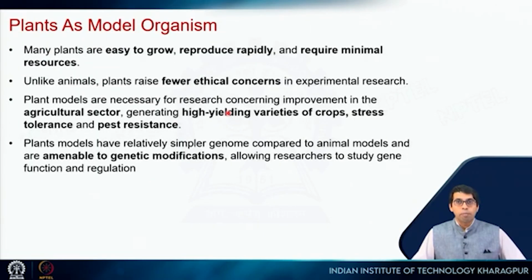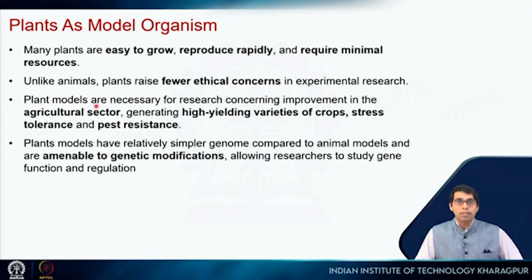Now, mice is one of the model organisms in animals, but there are also model organisms for plants. Many plants are easy to grow, reproduce rapidly and require minimal resources. So, many plants can be used as model organisms. Unlike animals, plants raise fewer ethical concerns in experimental research.